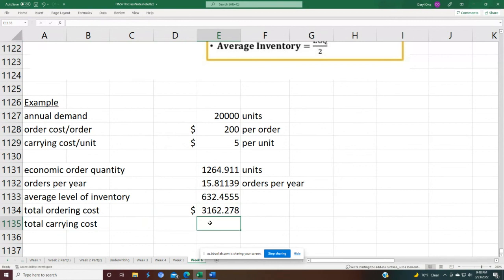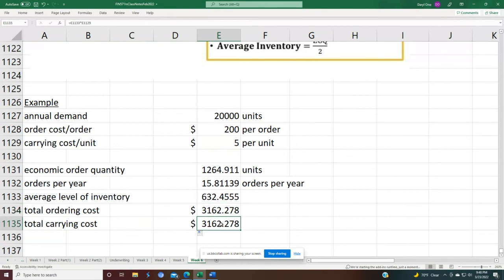So this is going to be equal to 632 times 5, 3162.278. Okay? So you look at these two numbers, these two numbers are the same.